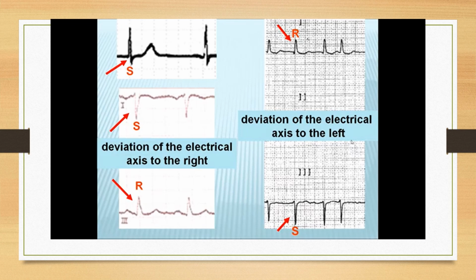Why is it necessary? Because to find whether it is physiological or pathological, first of all, we must look for a deep S wave. If there is no deep S wave, then we can say it is a physiological axis.